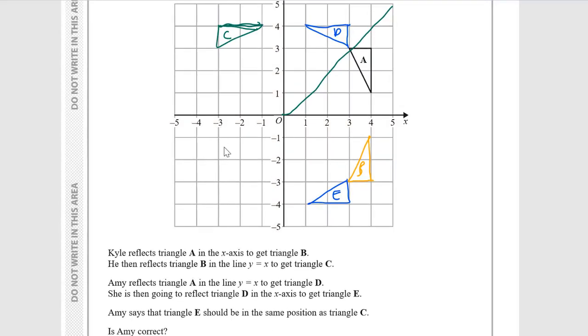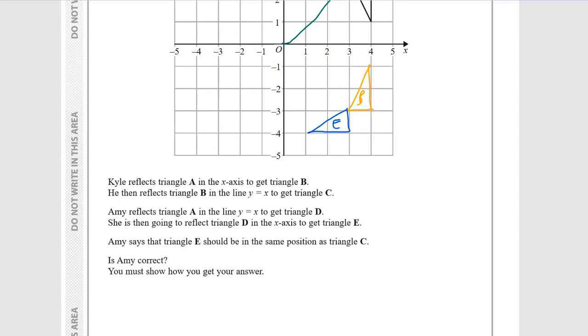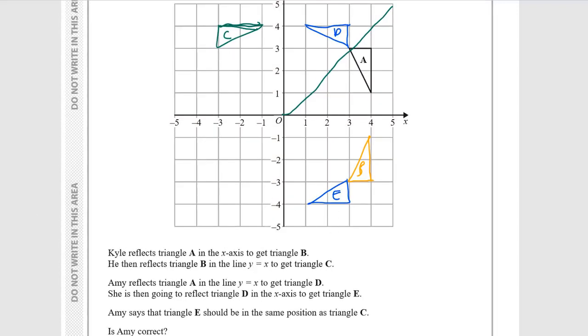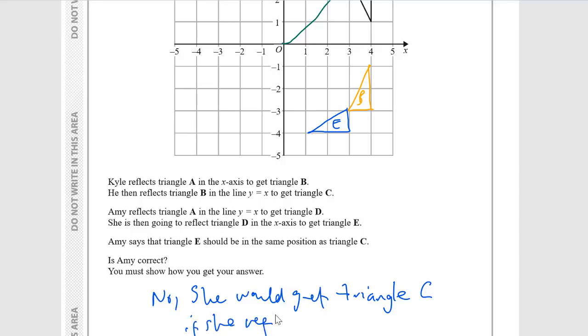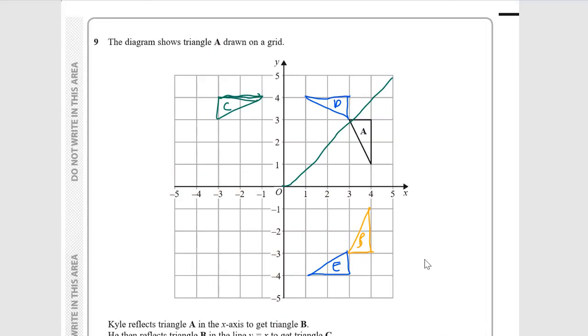So the answer is no, because obviously triangle E is not in the same position as C. So she would get triangle C if she reflected D in the y-axis.